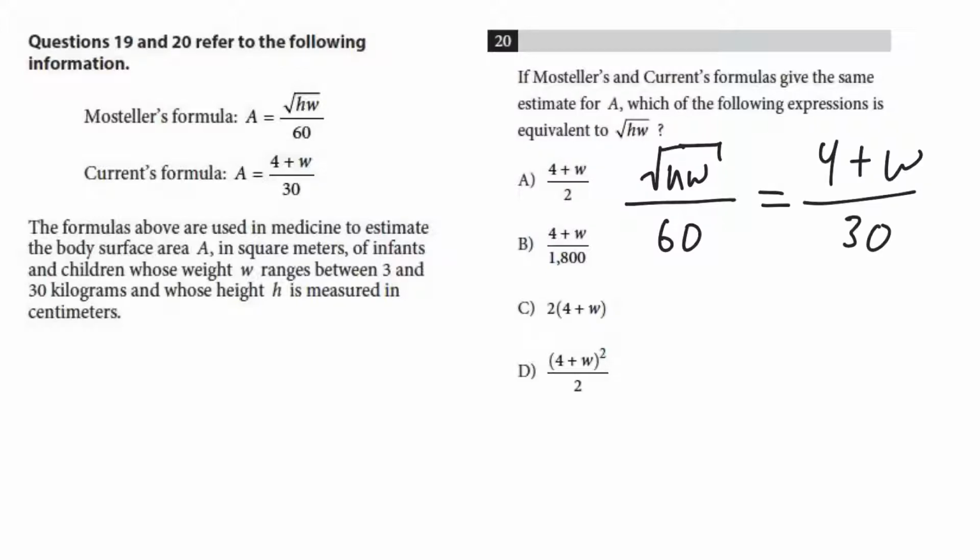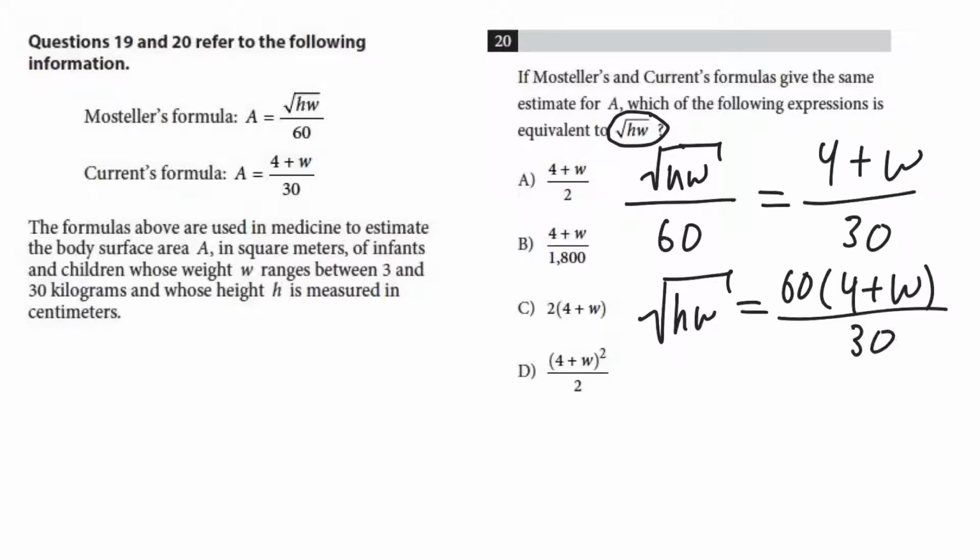And again, what we're doing is we're solving for the square root of HW. So you just have to multiply both sides by 60, and we'll see that the square root of HW equals 60 times 4 plus W over 30.